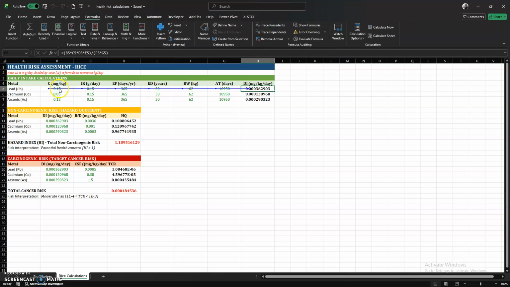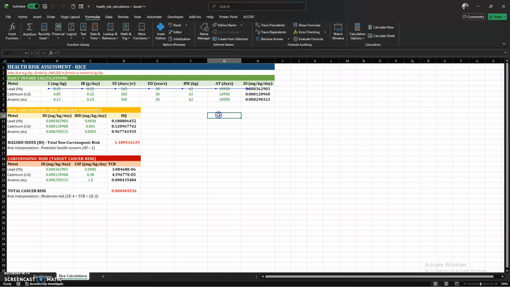We say that this is B5, which is the concentration, multiplied by C5, the ingestion rate, multiplied by D5, which is our exposure frequency, then E5, the exposure duration. Then we divide by the body weight, which is 62. Then this is our AT.